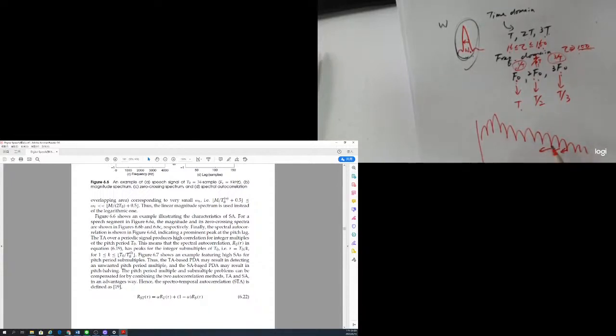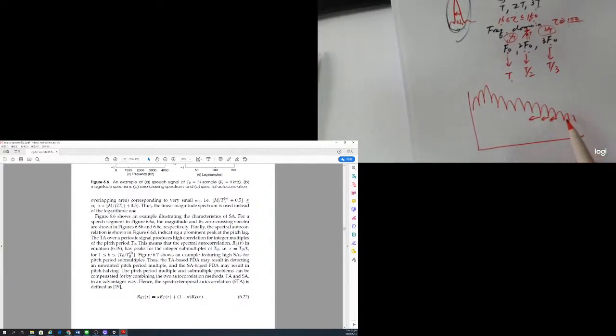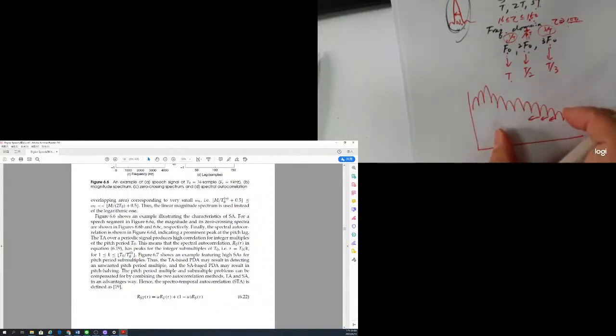So it is similar to the time domain. In the frequency domain, we also can perform the frequency domain autocorrelation. Try to shift your spectrum waveform, try to align your harmonic signal. So you try to shift your frequency.